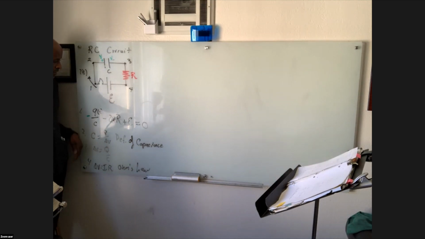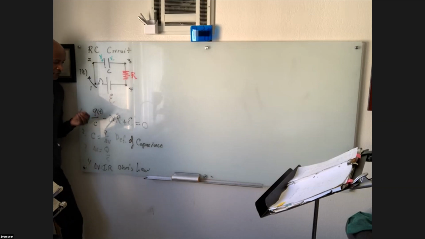Now, this is a differential equation that can be solved. There are certain methods by which we can solve that differential equation and determine the functional form of the charge and of the current.